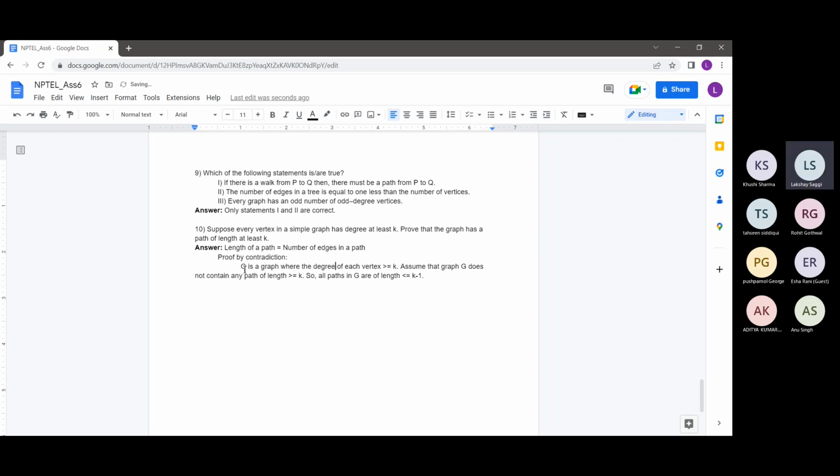Now the claim says that this G should have a path of length at least k, right? So in contradiction, we'll assume the negation of this. So for contradiction, we'll assume that G does not contain any path of length greater than or equal to k. So all paths in G then are of length less than or equal to k minus 1.